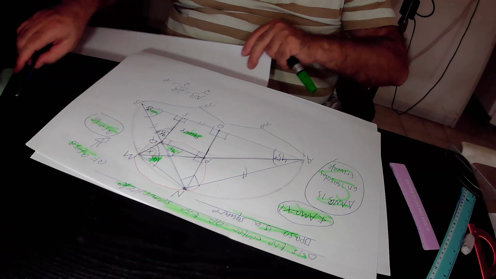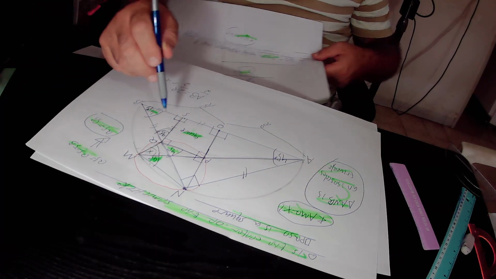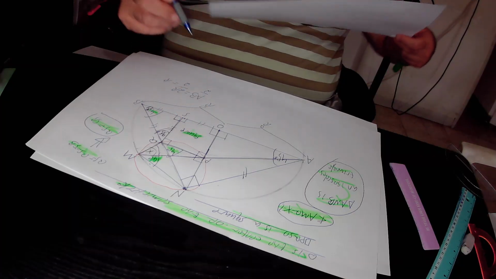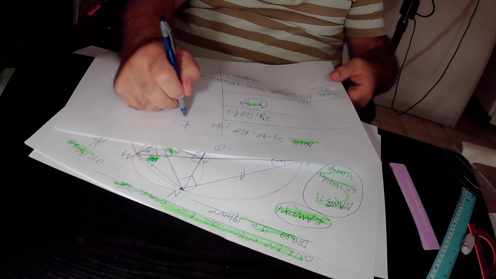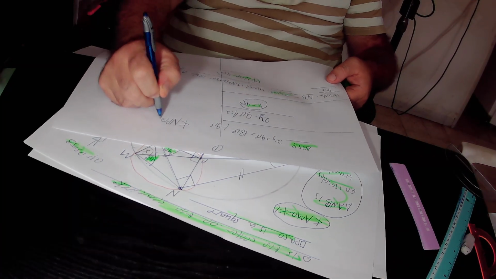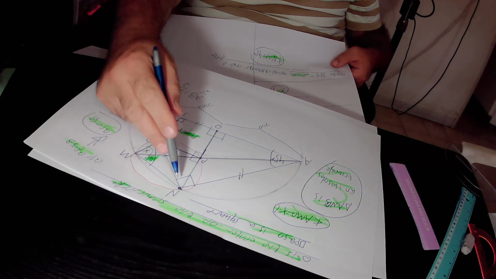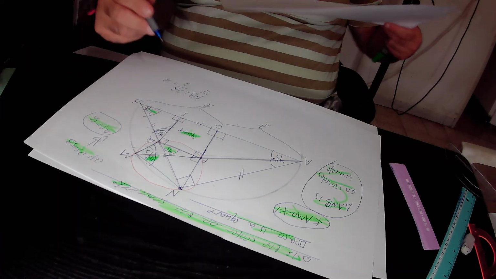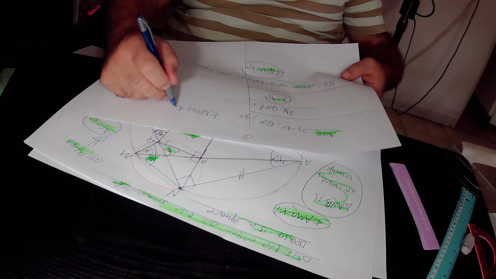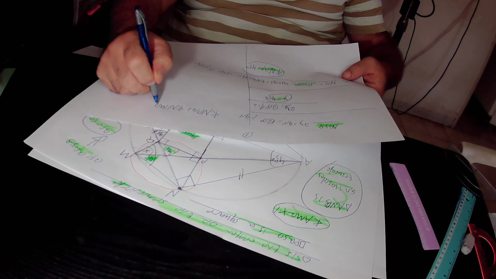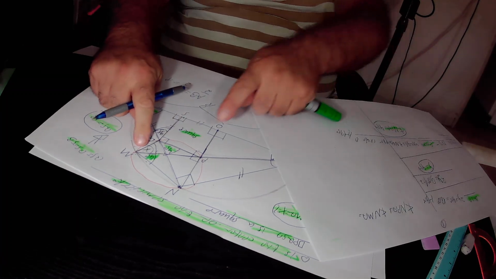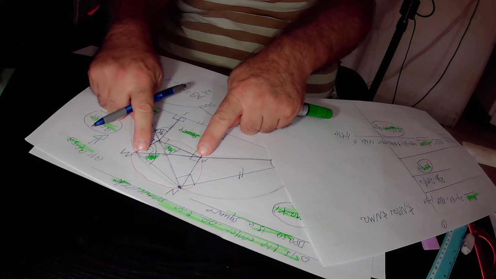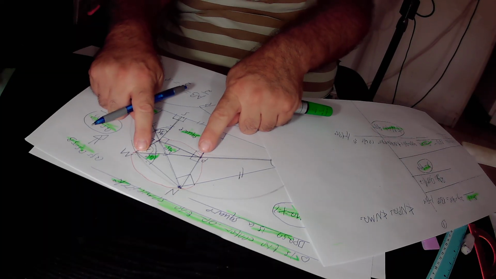So we found out that this is angle NPQ plus the opposite angle, that is angle NMQ, in total the sum of those two opposite angles must be equal to 180 degrees according to the rule that I mentioned.